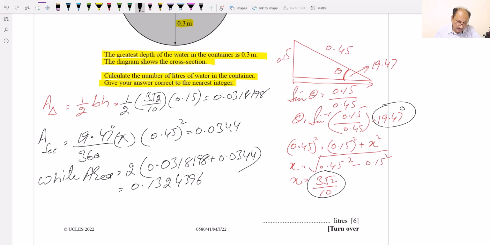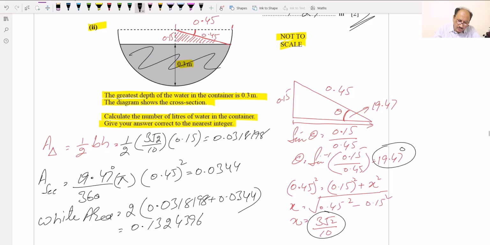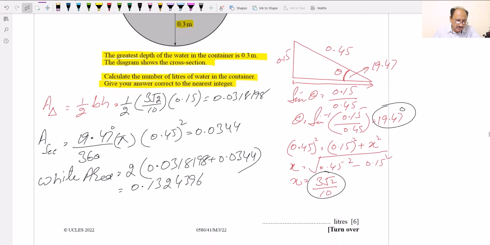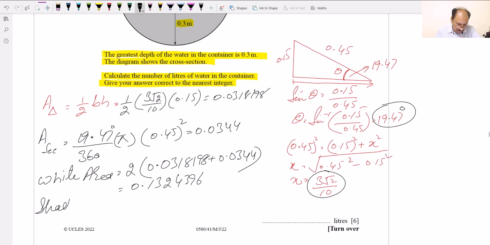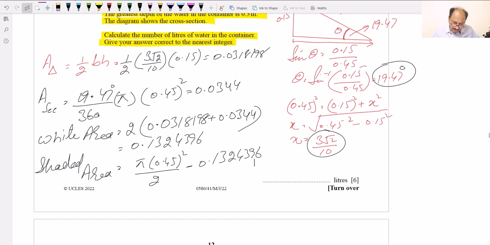So shaded portion, this portion, will be how much? Shaded area will be equal to pi r square by 2 minus this one, pi r is 0.45 square over 2 and minus 0.1324396, and this will be equal to how much?